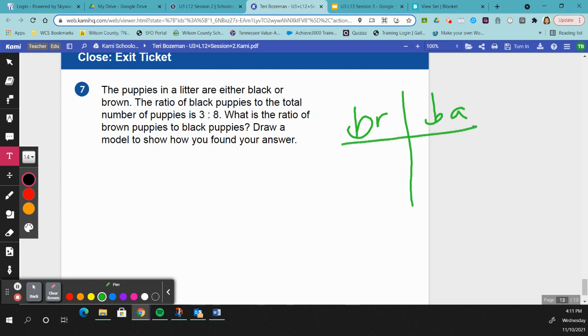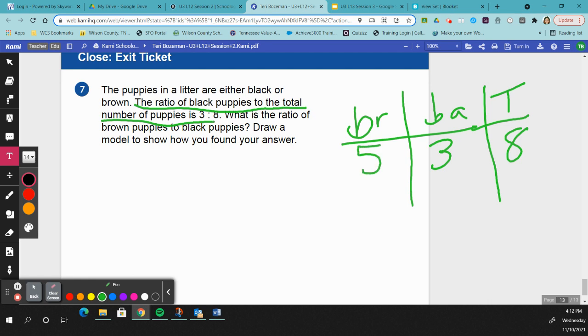And it said that the ratio of black puppies, 3, to the total is 8. So if we have a total of 8 and 3 are black, that leaves us with 5 that are brown. So what is the ratio of brown to black?